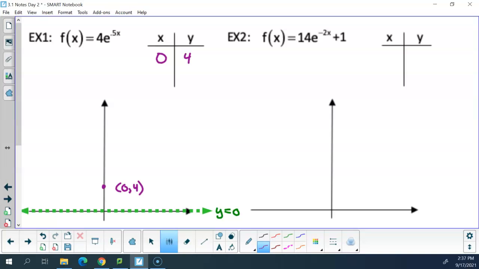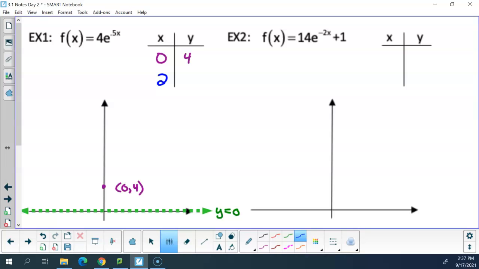What is the x value that's going to give me an exponent of 1? 2. 0.5 times 2? 1. E to the first. 2.7, let's just call it 2.7.